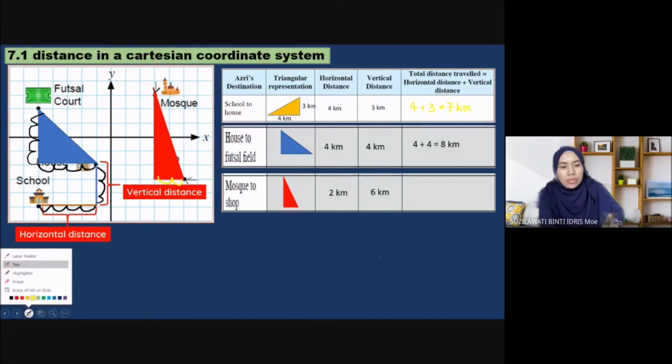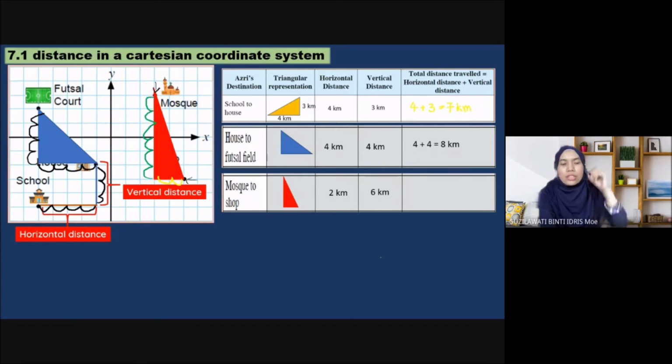Okay, macam mana dapat 6? 1, 2, 3, 4, 5, 6. So senang saja, total distance will be 2 plus 6, which is 8 kilometer as well. Ini senang kan kalau kita nak tentukan distance between two points on the cartesian plane. Senang saja.